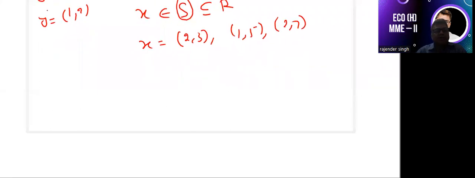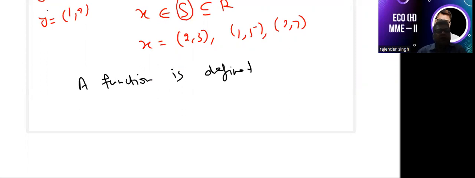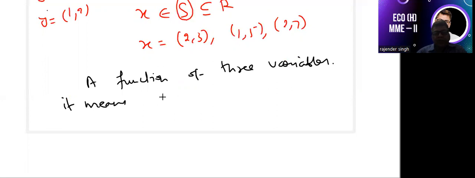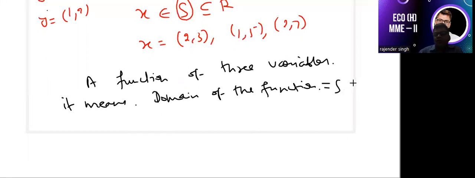Similarly, if I say a function of three variables is defined, let the domain of the function be S. The domain S should be the subset of three tuples, right?